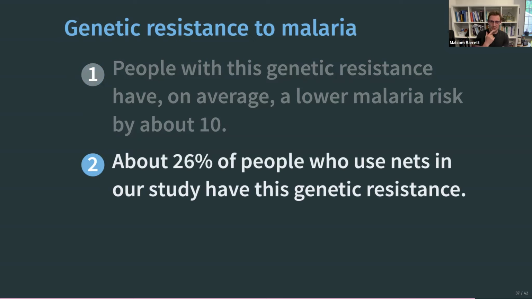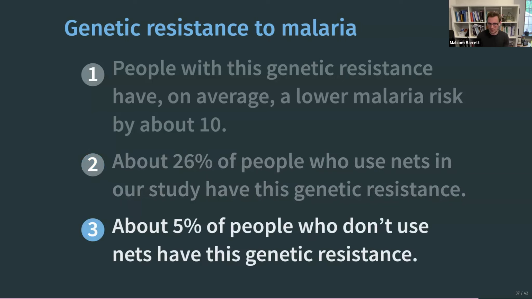This is about genetic resistance. It doesn't tell you anything about using nets, but perhaps there's some sort of historical circumstance where people who have this genetic resistance also happen to have been the beneficiaries of nets in the past, and it's just a common thing in this particular population.